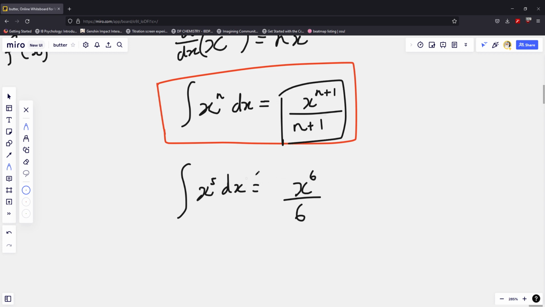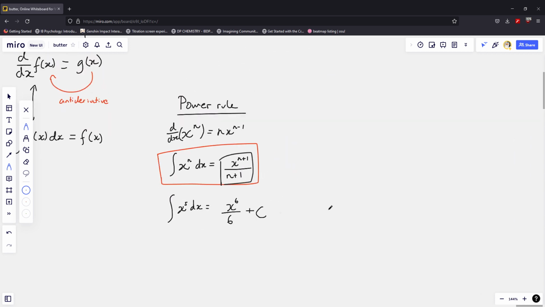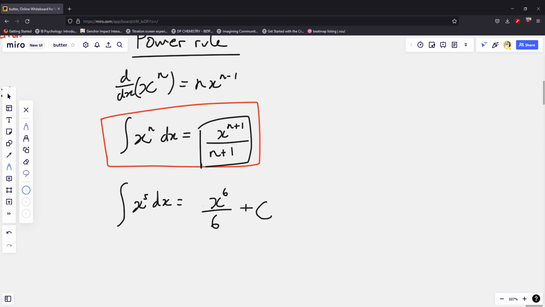Almost done, but we need to remember, whenever we take the integral, we need to add an indefinite integral, which has no bounds. We need to add a plus c, the integrating constant. Because if you think about it, there's an infinite amount of functions of this form that actually satisfy this.